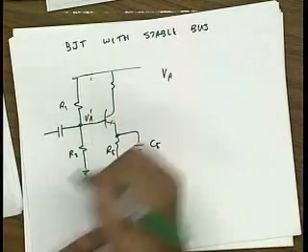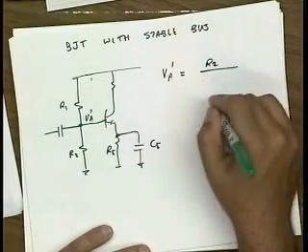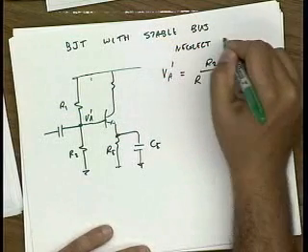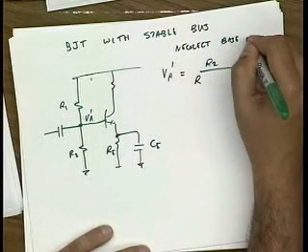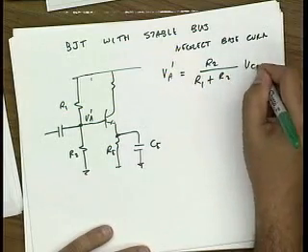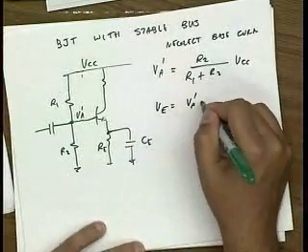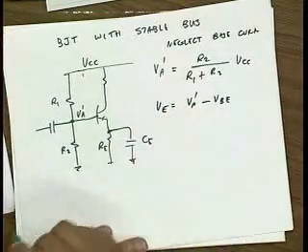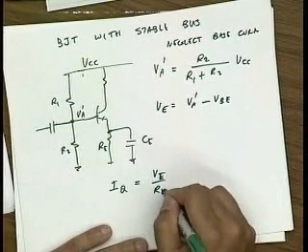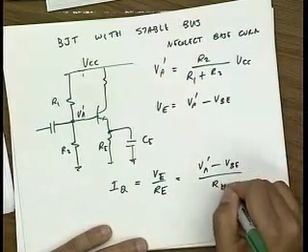Let me calculate the value of VA prime here. Neglecting base current, this is R2 over R1 plus R2 times VCC. And VE is VA prime minus VBE. So the collector current, IQ, is VE over RE, which is VA prime minus VBE divided by RE.